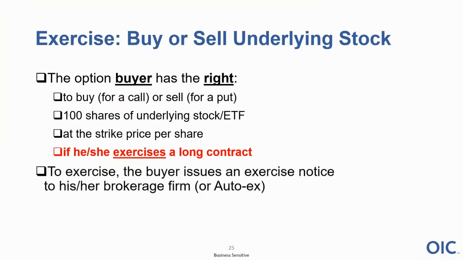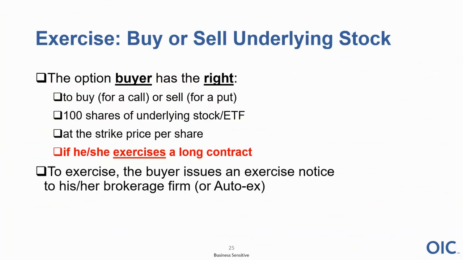And to exercise, the buyer issues an exercise notice to their trading firm, or the trading firm has a process in place by which the contract automatically gets exercised if it has intrinsic value, what we talked about earlier, the inherent value of the option contract. If the stock is trading at $145 a share, and at expiration I've got a $140 call, so I've got the right to buy stock at $140.